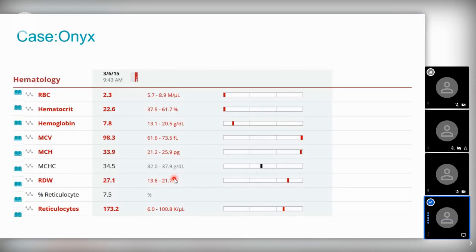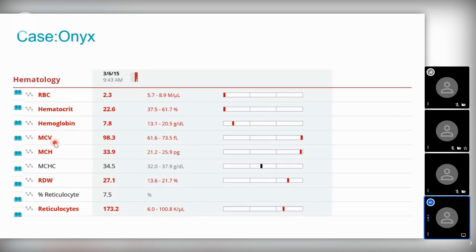Then we move on to the numeric representations. We see that the RBC, hematocrit, and hemoglobin are all decreased. That means they all three go hand in hand, and hence Onyx has a moderately severe anemia, and it can be classified as regenerative because the reticulocytes have compensated for the RBCs.